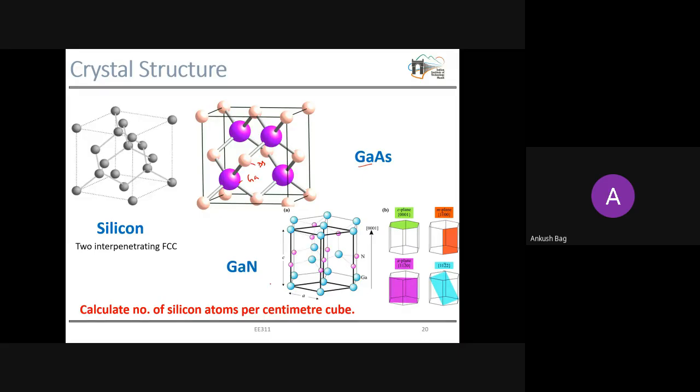So this is another material which is currently very important. Another compound semiconductor is gallium nitride. If you look at gallium nitride, you can see this is different. This crystal structure is called hexagonal crystal. I think this is not a detailed image, but still you can see these are gallium atoms, then we have nitrogen atoms, but you can see this is not cubic.